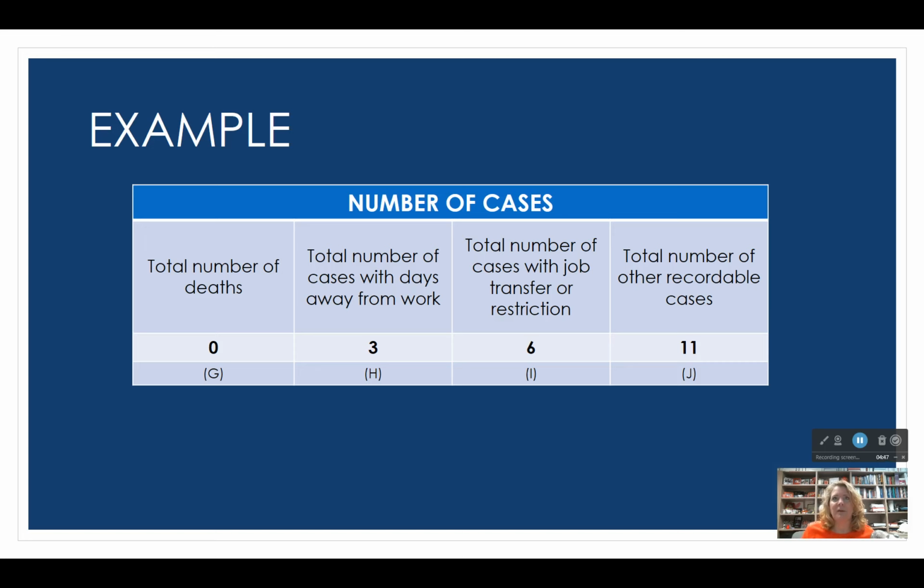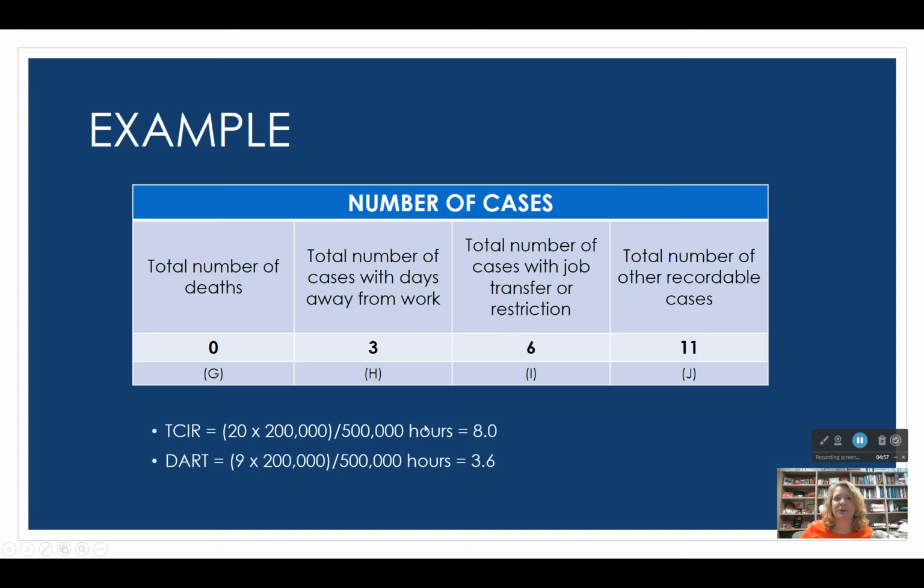This is just an example. We have G, H, I, and J, and we're trying to calculate that. We would add all of these together, G, H, I, and J, to get 20. We would multiply it by 200,000, and I've given you that the hours are 500,000.